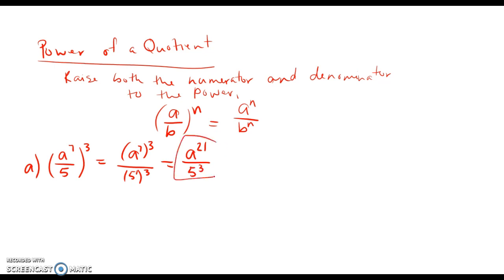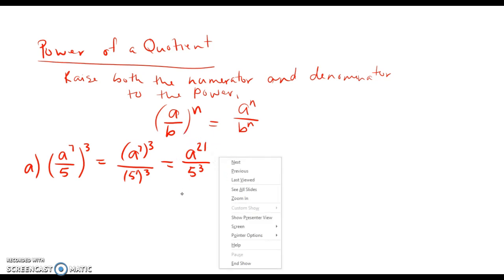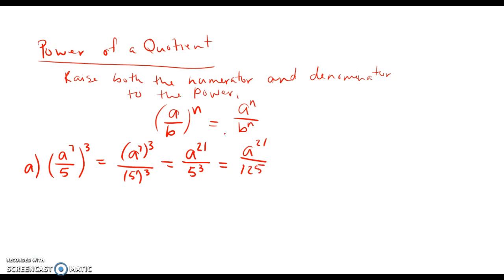And so then there is our answer, except Math Excel wants you to evaluate this. So a to the 21st, and then 5 cubed, remember, is 5 times 5 times 5, which is 125. And so then this is our final answer.